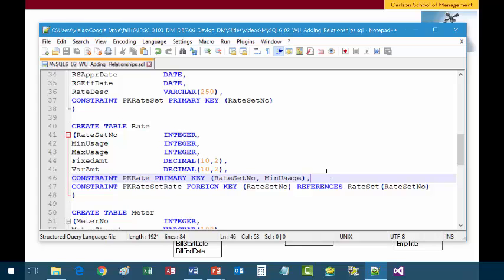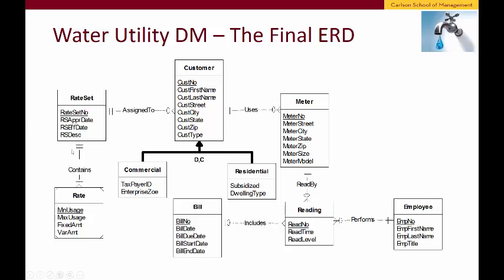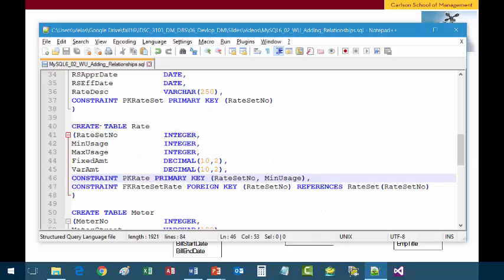And again, what we have to do here is pay attention to the parent table, which is the rate set that has a minimum cardinality of 1. So that rate set number over there cannot be null, but we don't really have to specify that explicitly here because being a part of the primary key it automatically has to have a value, otherwise it's immediately a violation of the primary key.